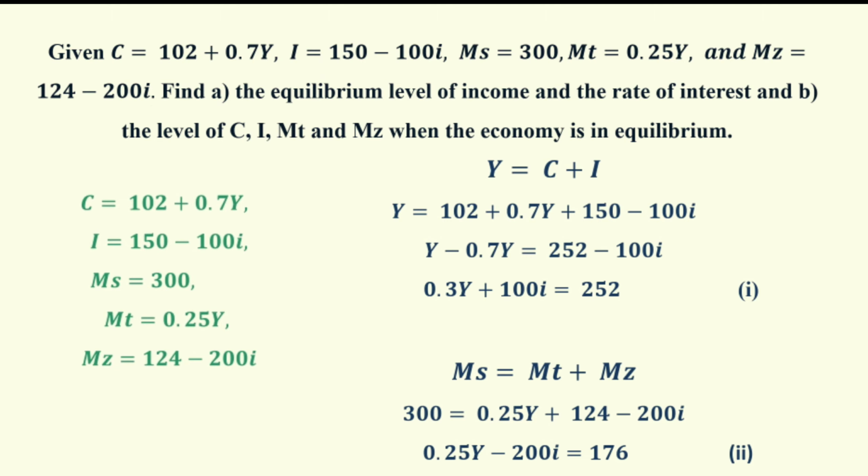This is the model, and we want to find the equilibrium level of income and the rate of interest. And also we want to find the level of consumption, investment, transaction demand for money, and speculative demand for money when the economy is in equilibrium position.